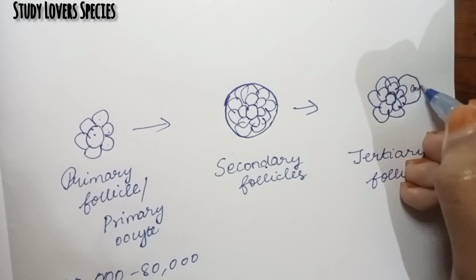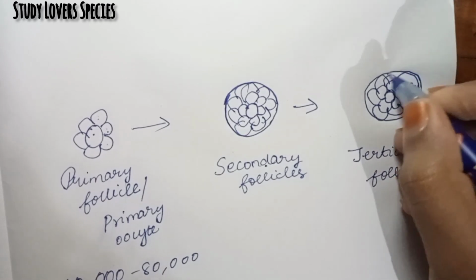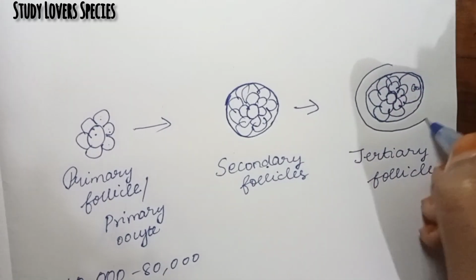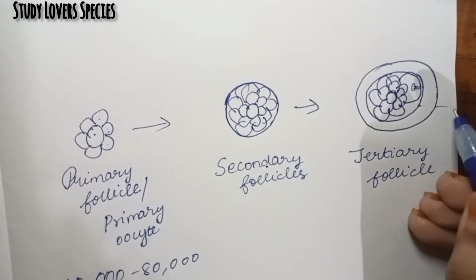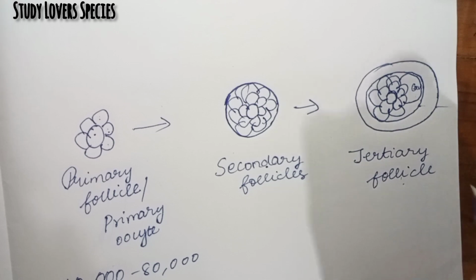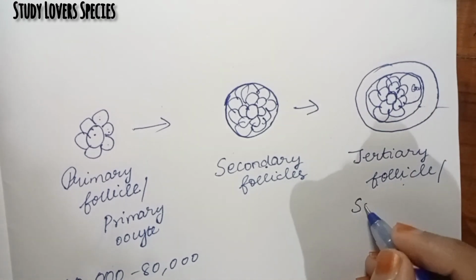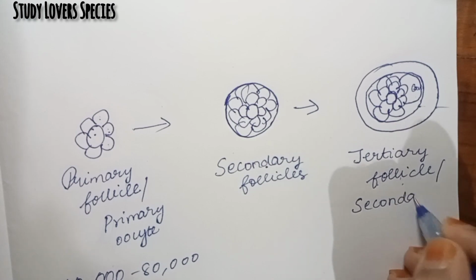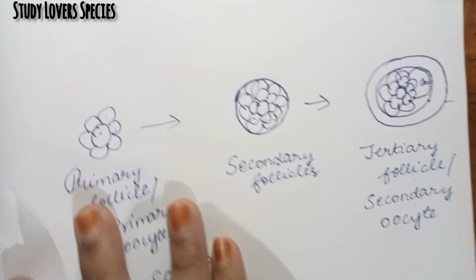This is the antrum cavity, and the theca layer will now be two: the inner theca interna and the outer theca externa. Clear? This is how the tertiary follicle will look. The tertiary follicle is nothing but the secondary oocyte.